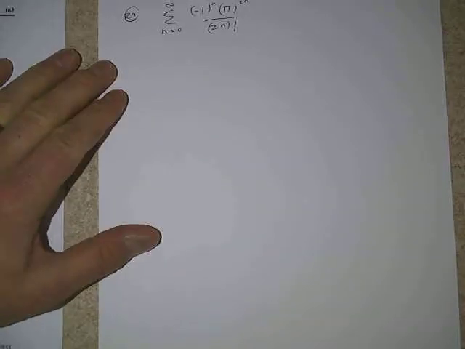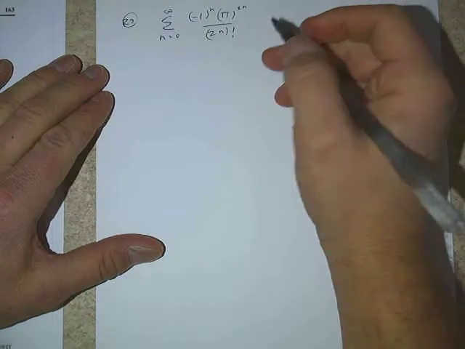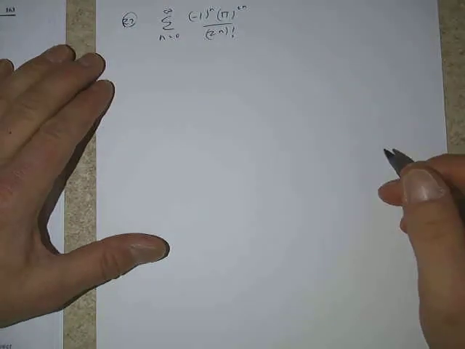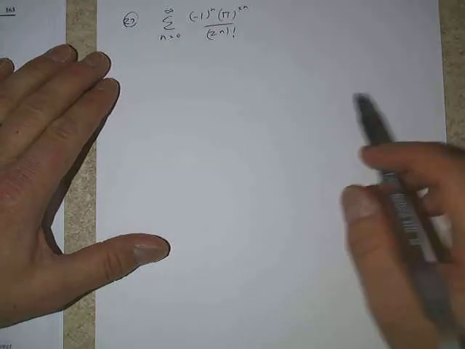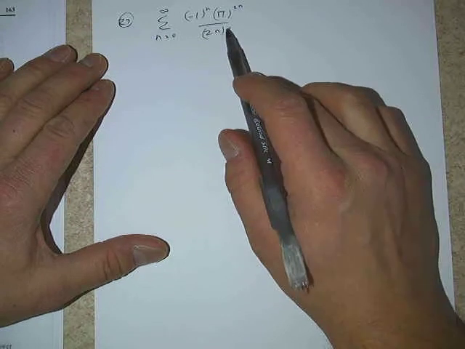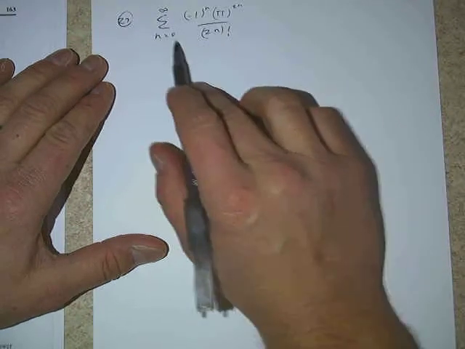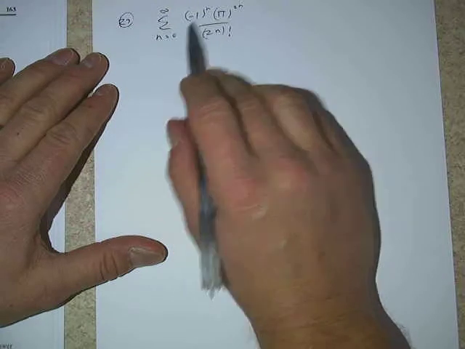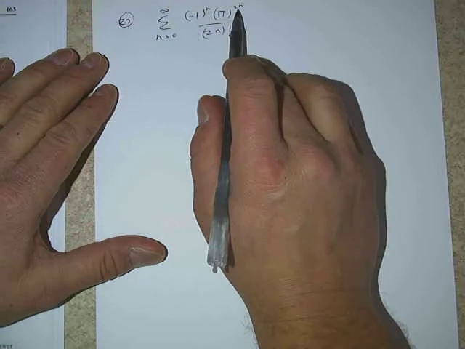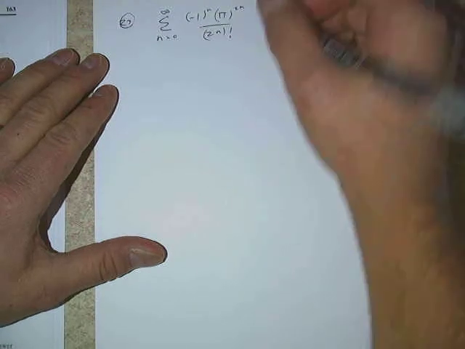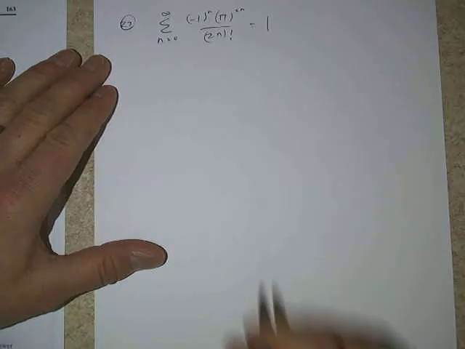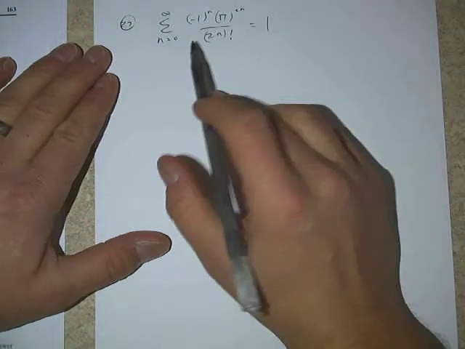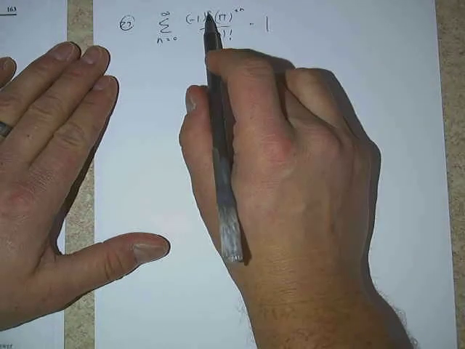If we were to put in some values here, let's see what kind of elements we'd get. If we put in a 0 here, we'd get 1 and 1 and 1. We'd ultimately get 1. If we put a 1 in here, we would get negative 1.